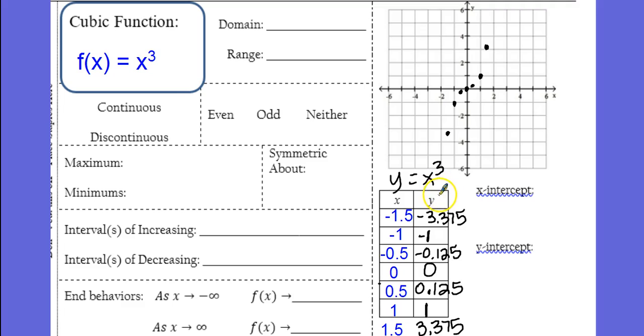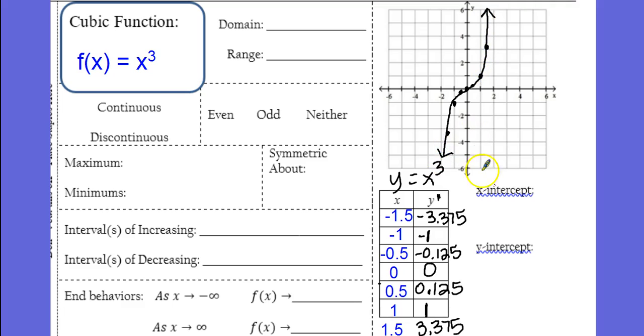And then it shoots way off the graph. 2, 8, negative 2, negative 8, positive 2, positive 8. It gets really steep, right? Because imagine 4 cubed. That's 64. 5 cubed, 125. 6 cubed, 216. It gets really steep. But at 0, 0 is a little bit of a turning point there.